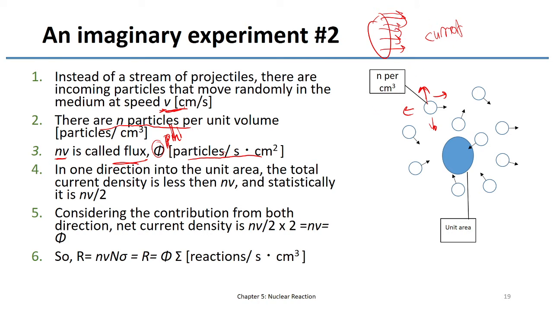But now it is not a stream of particles, but rather particles moving randomly in all directions, so we want to call it a flux. Physically it's the same quantity, but the phenomenon is different.